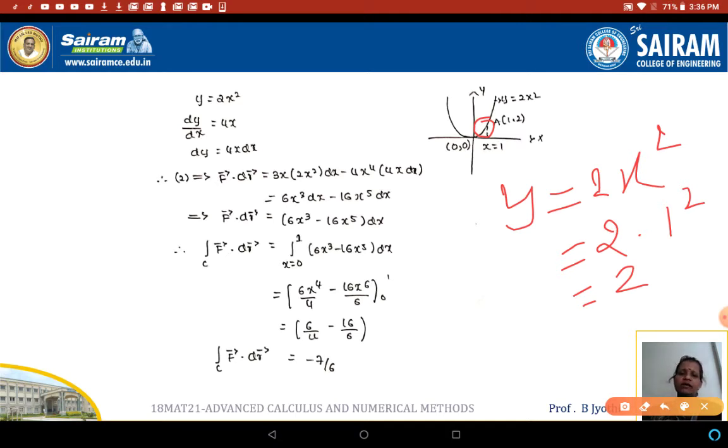So dy by dx will be 4x, that is the differential of this.